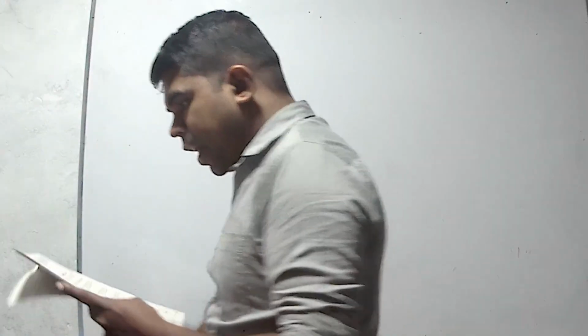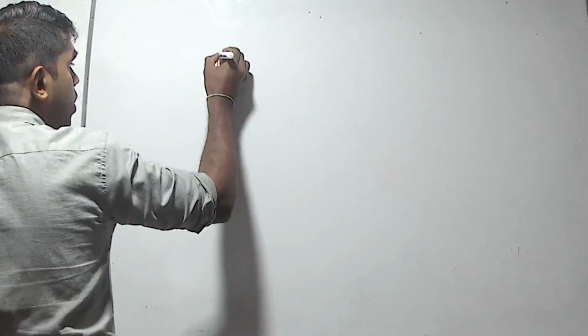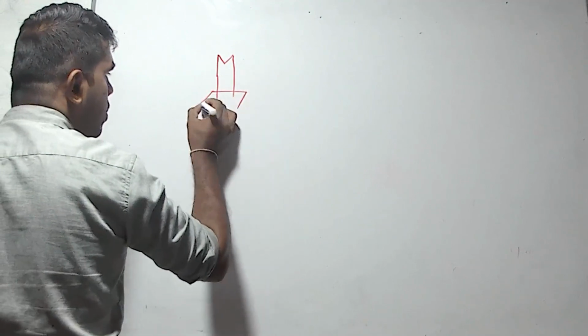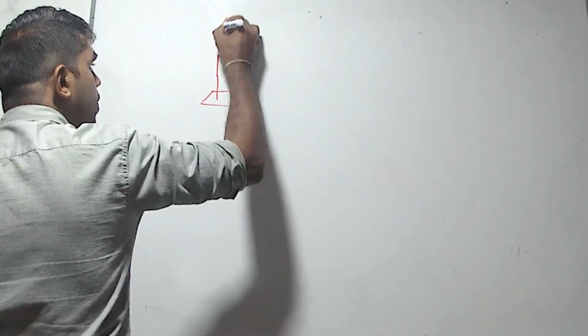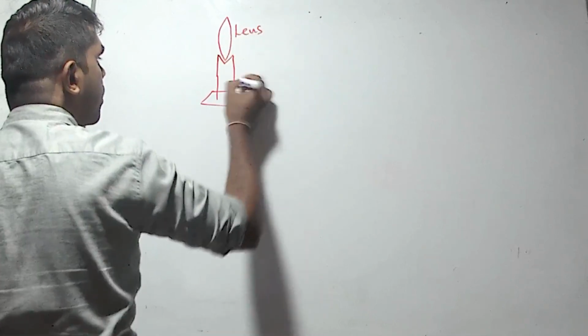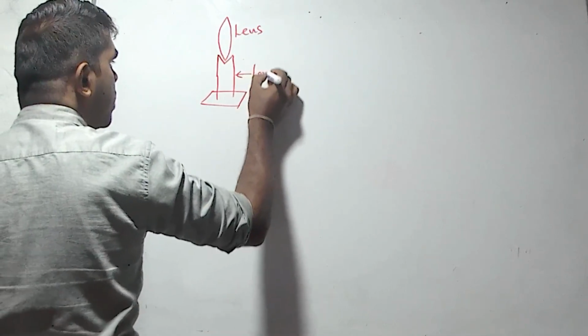There is a convex lens. We have to place the convex lens on a lens holder. The lens holder is like this. This is the lens. This one is the lens holder.